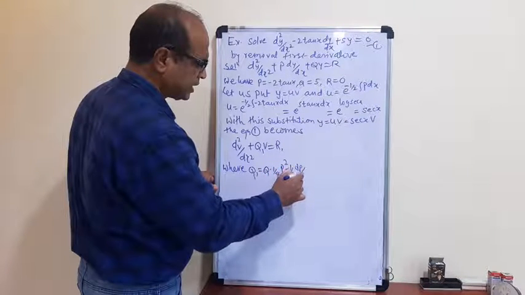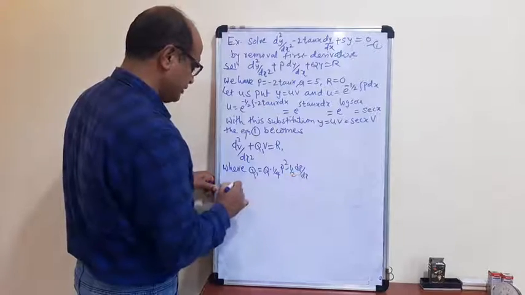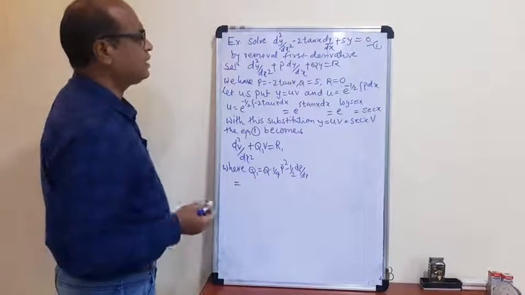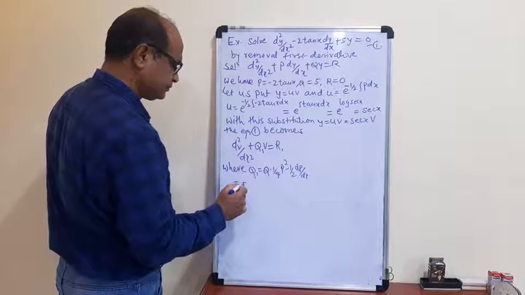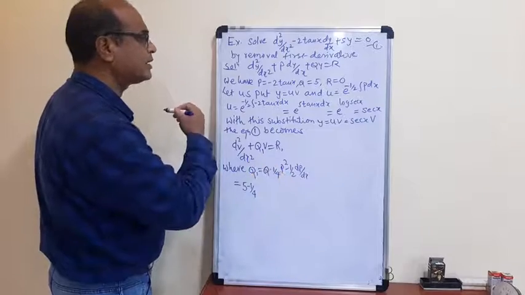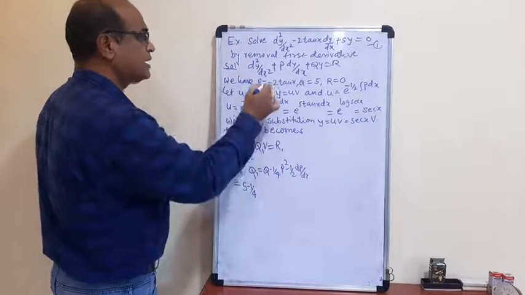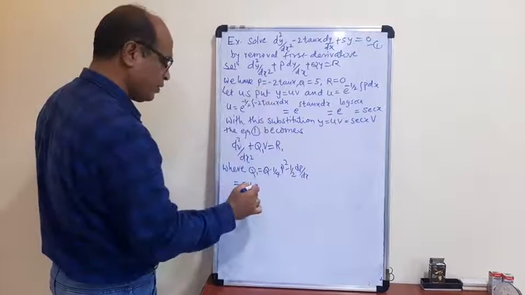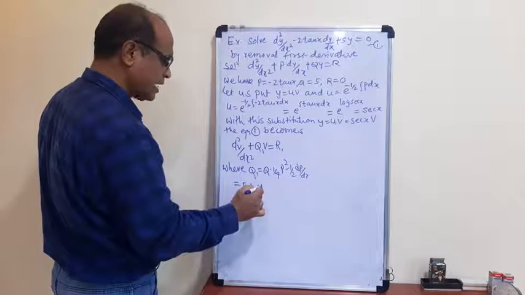So this is equal to, what is q? Q is 5 minus 1 by 4. What is p square? P is minus 2 tan x, its square is 4 tan square x.